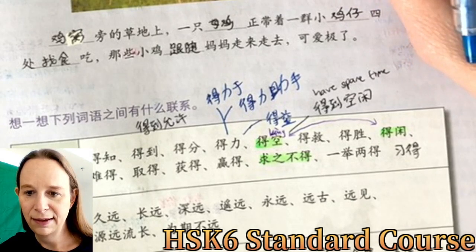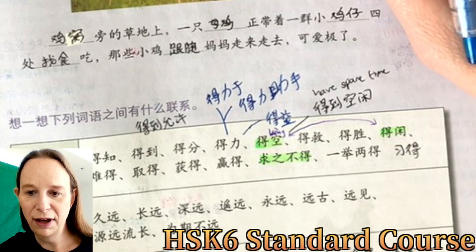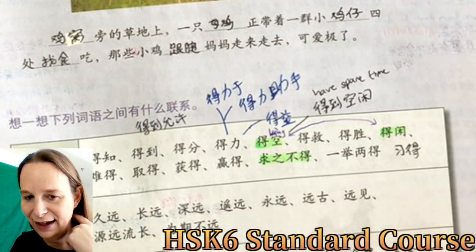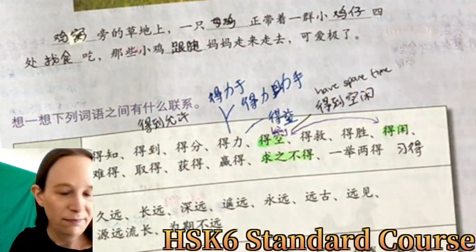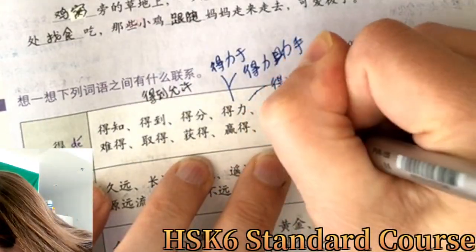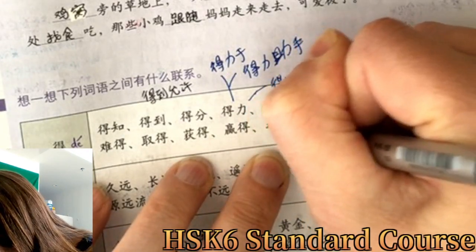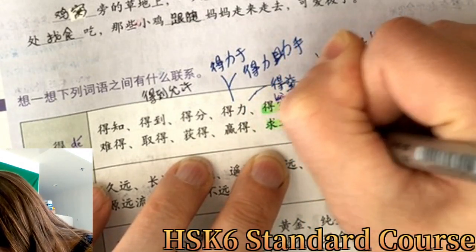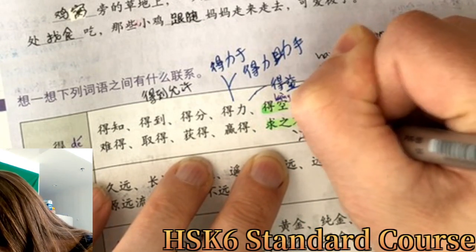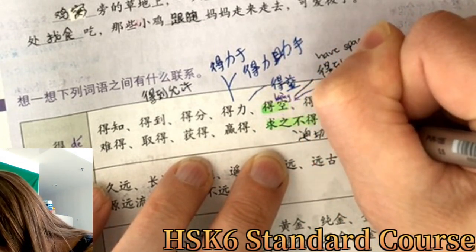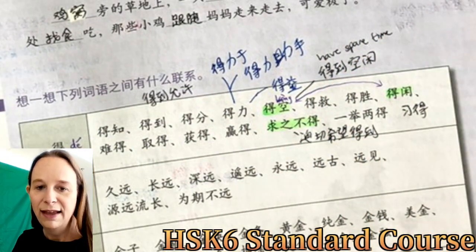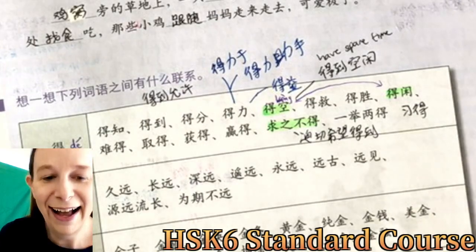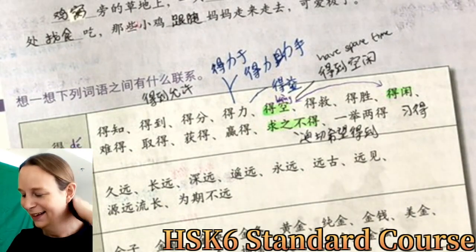Something 渴望得到迫切希望得到。I'll use my black pen. 迫切希望得到。So we need to pay attention to this one because it kind of means the opposite of what it looks like it means.